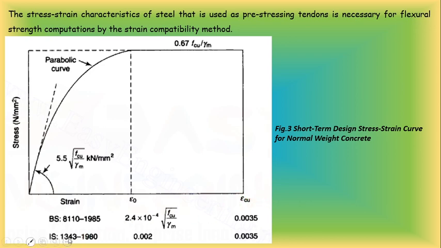As per Indian Standard 1343, 0.002, we usually call this the 0.2% proof stress. If we magnify and draw the curve, it will be in a parabolic shape. The moment it crosses that proof stress, it comes to the strain of 0.0035, that is 0.35% of the total strain.